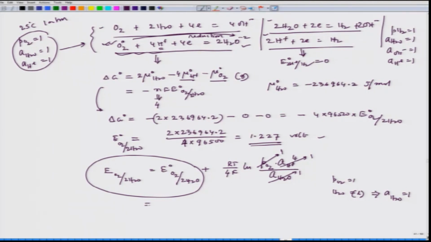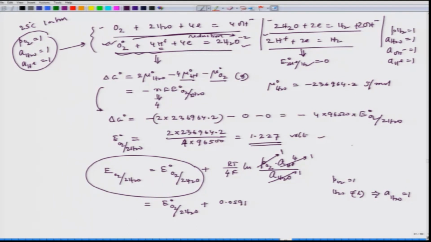Then this equation becomes E0 O2 plus, and if it is standard state, RT by F becomes 0.0591.